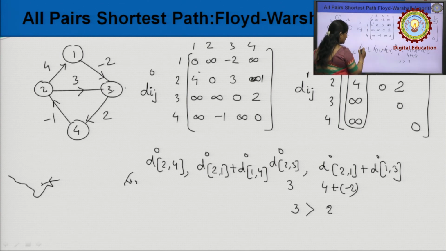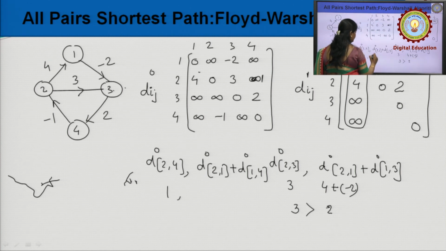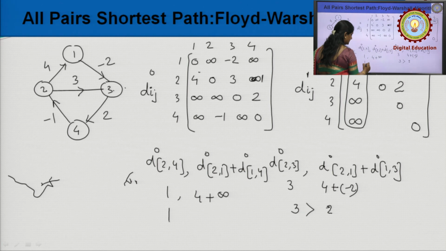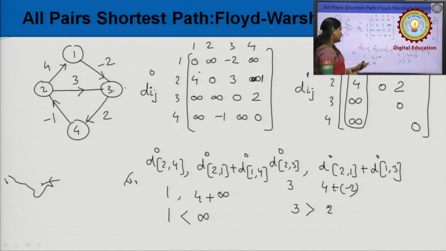The 2 to 4 value is 1, and 2 to 1 is 4, plus 1 to 4 is infinity. 4 plus infinity is infinity. Which is less? 1 is less. So the previous shortest path, 1, is the shortest path. So put 1.